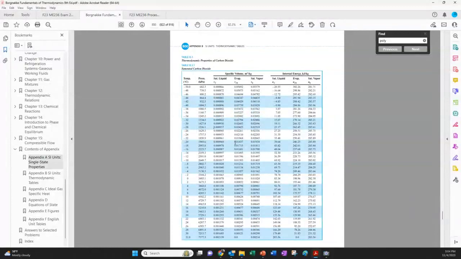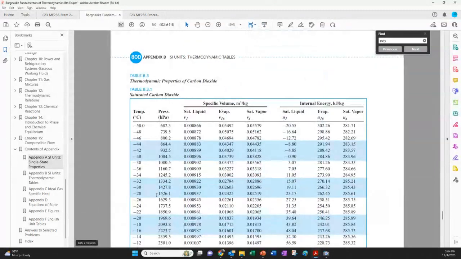So what if I had to, in a problem where you had to look up the temperature knowing the pressure, I probably would get as close as I possibly could so that the results would match up with the pressure, and so you'd be able to find the temperature.